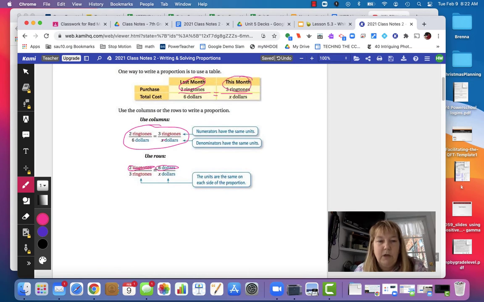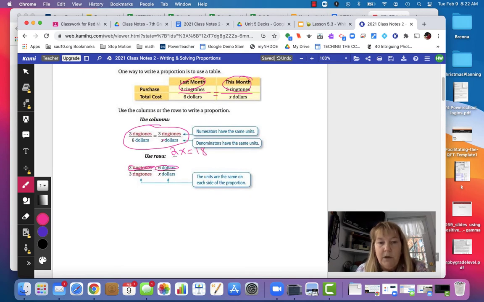So the only thing tricky with this is you have to keep track of the fact that you're comparing like to like. Remember how we used the cross product to determine whether or not something made a proportion? Well, think about this in this case. If you multiplied 2 times x, you would get 2x. And if you multiplied 6 times 3, you would get 18.